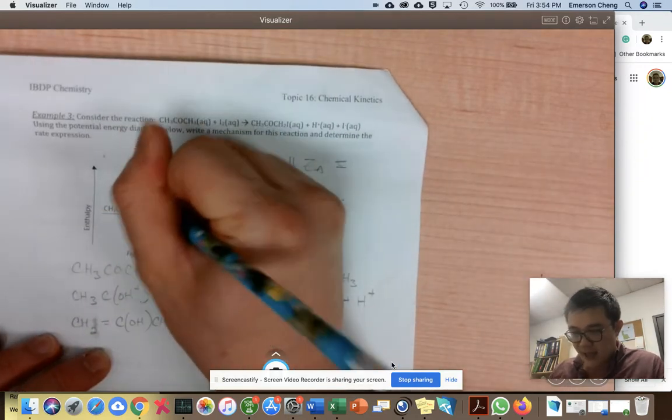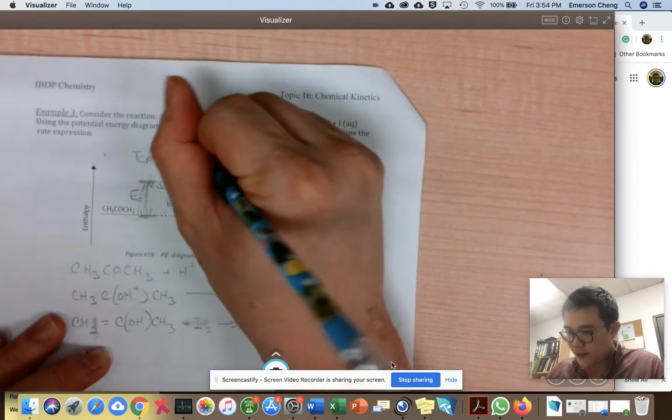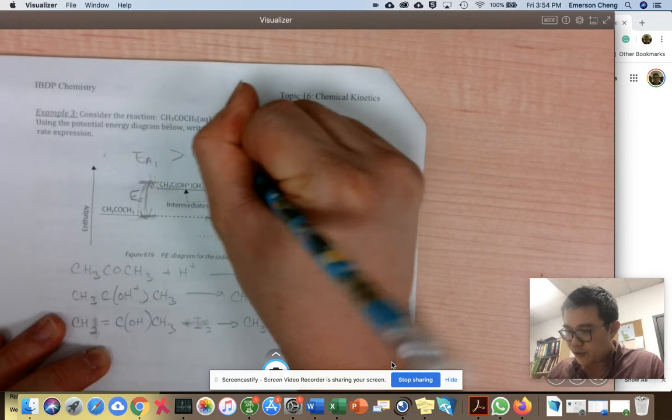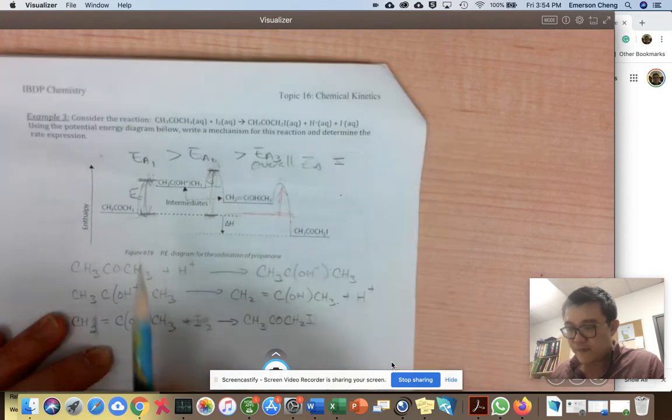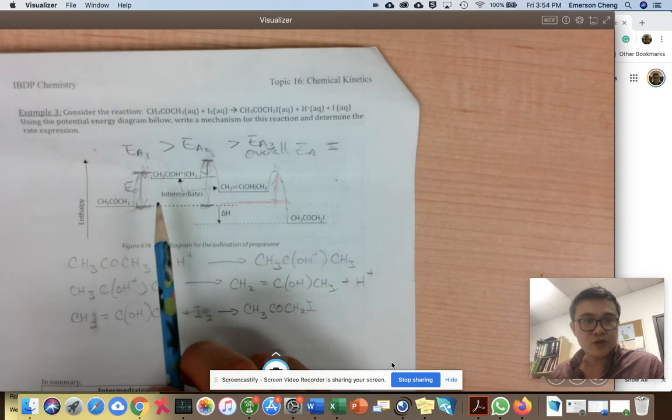Because this Ea is higher, Ea1 is greater than Ea2, greater than Ea3. Because of that, this here would be the rate determining step.